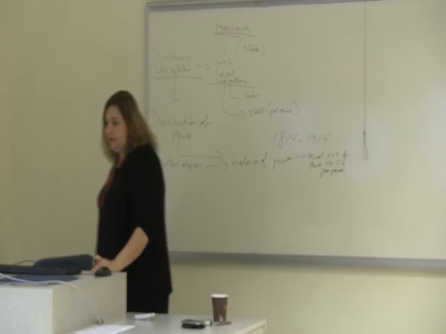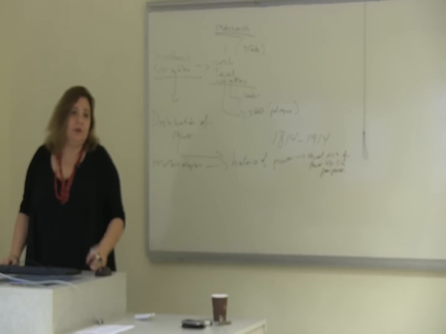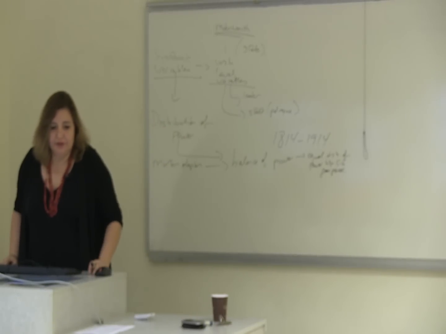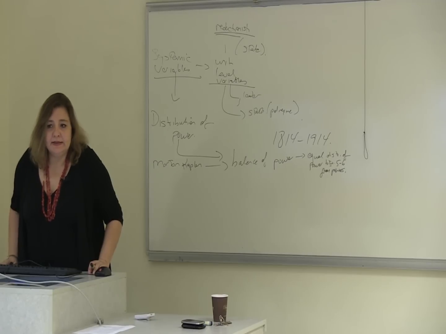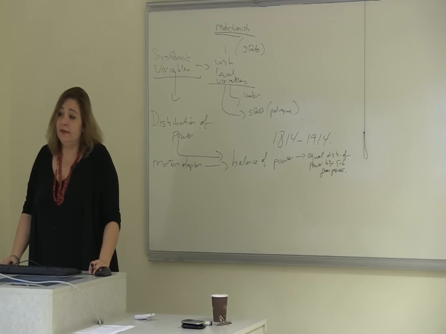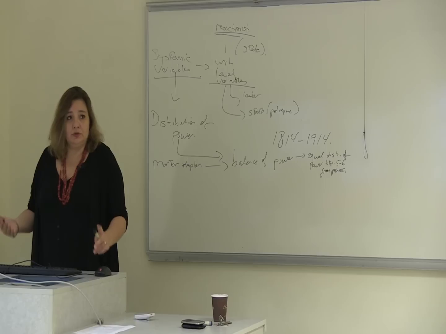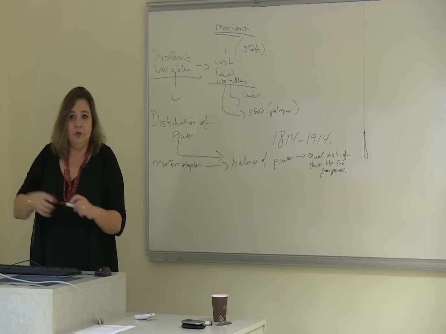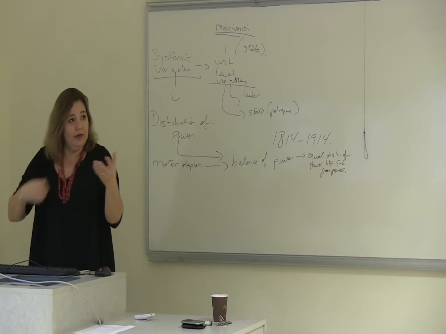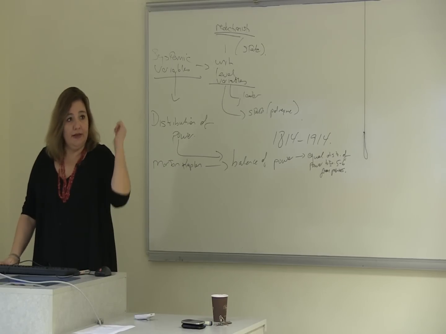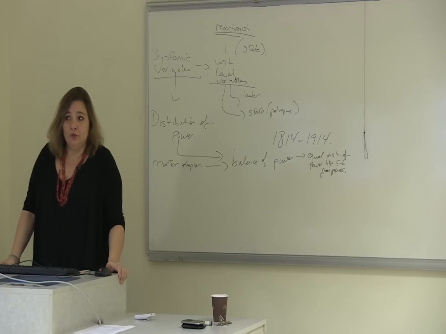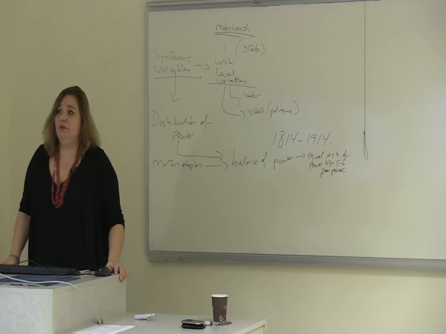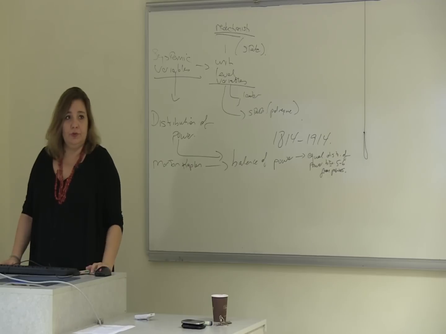Multipolarity of 1814 to 1914, okay, or you can say 1815 to 1914. This is the era. What would be the label, for example, Mearsheimer or Kenneth Waltz would use, for what Kaplan calls balance of power? What is the term Mearsheimer, that you learned last year, and Waltz, that you're reading currently, would use?